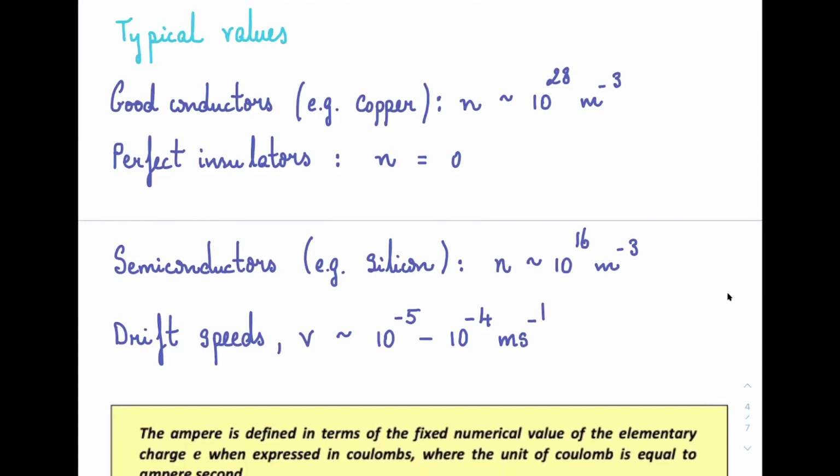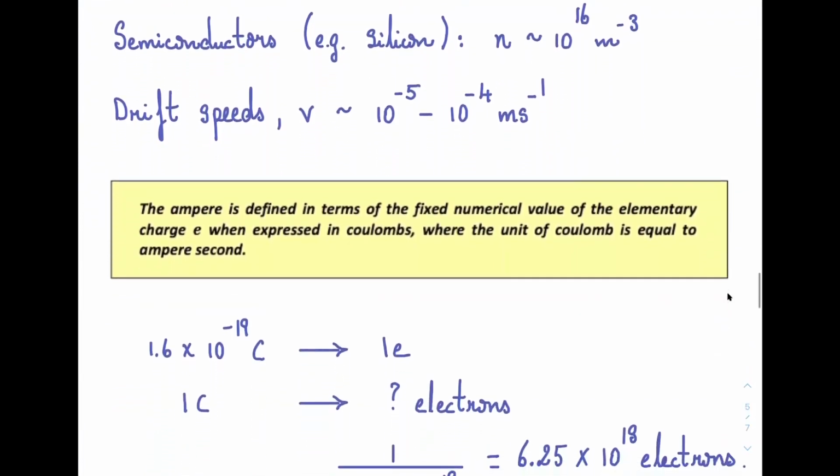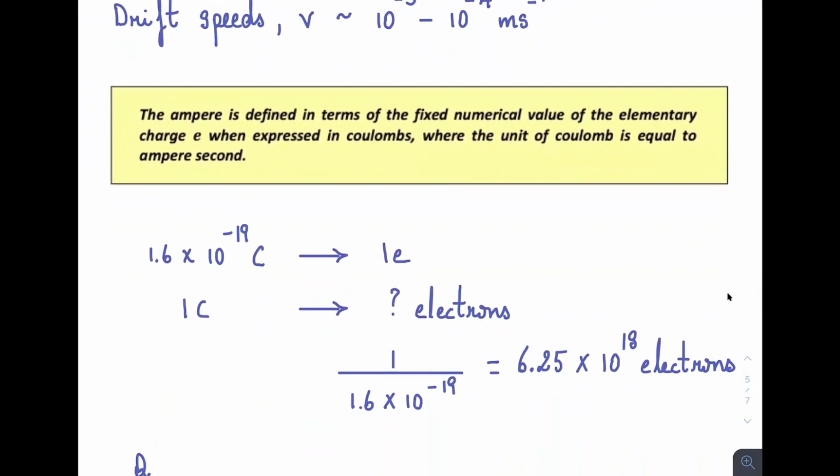So, what does it actually mean to say a current of 1 amp? The official definition states that the ampere is defined in terms of the fixed numerical value of the elementary charge e when expressed in coulombs, where the unit of coulomb is equal to ampere second.